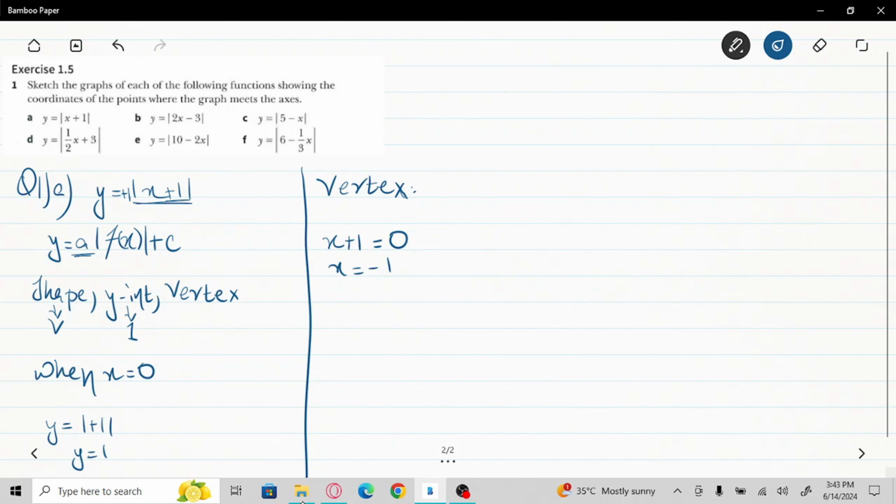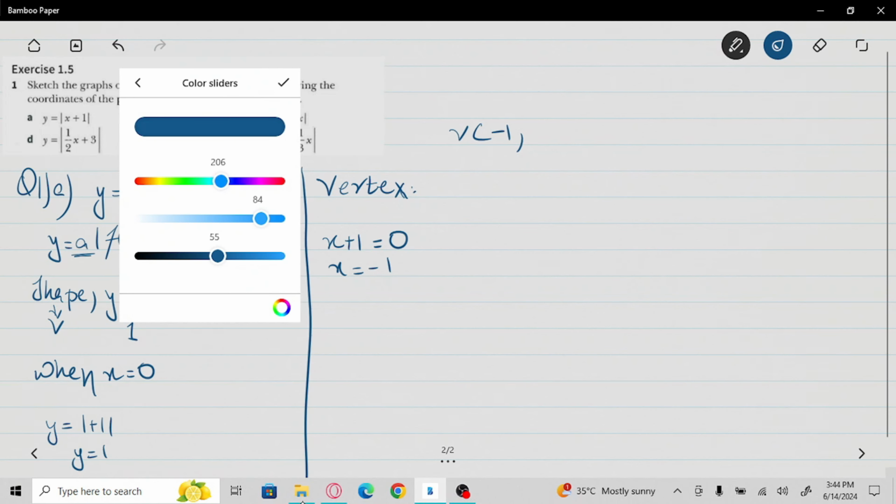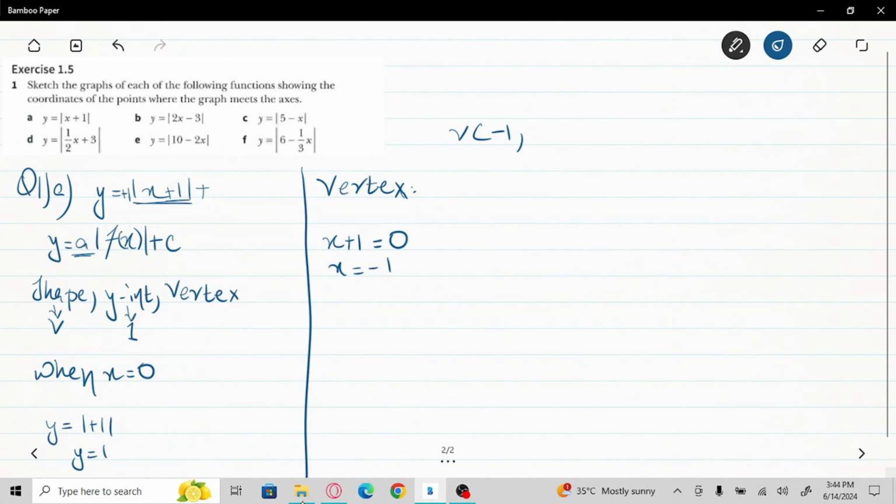That is the x value for the vertex. The second value we are going to find is the y value, and if you see plus c, we assume it to be 0. So -1 and 0 is the vertex point of this graph.